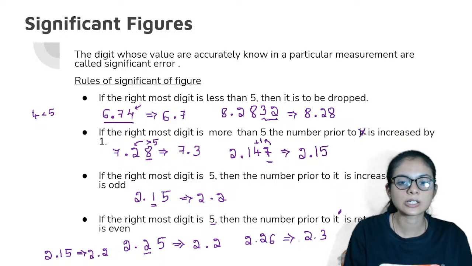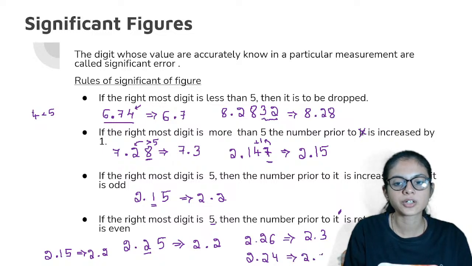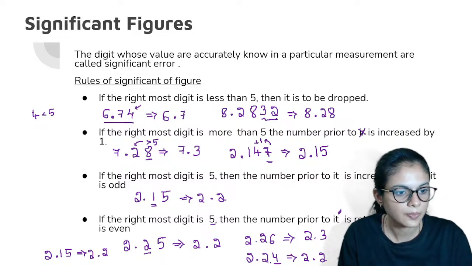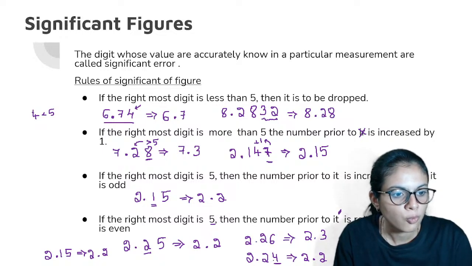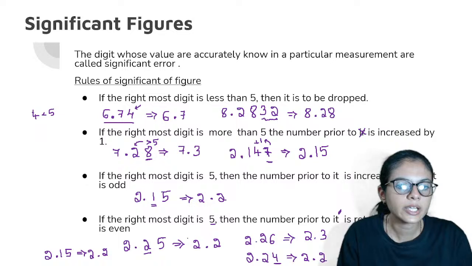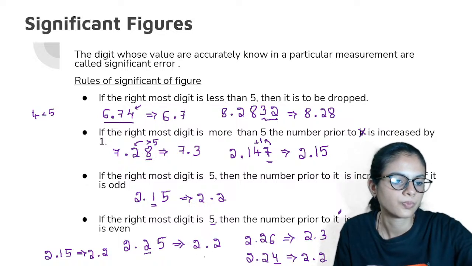Okay, now let's consider one number less than 5, that is 2.24. If it is 2.24, I can convert it into 2.2. I'm just going to drop this number, and the prior number will stay as it is. What for 2.25? It is 2.2.